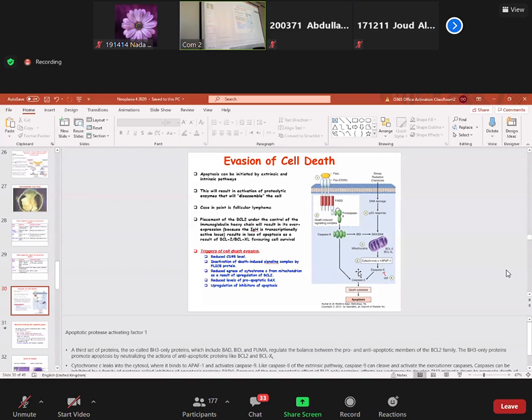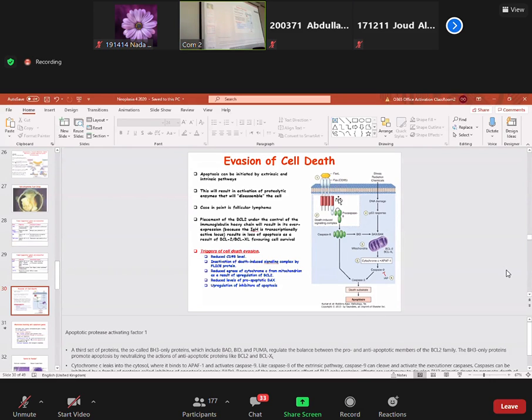Now, the tumor cell also has its very unique, creative way of making sure that cell death does not happen. How does it do that? For example, it will downregulate its CD95 on its surface. So you have less of the CD95, less of the death receptor.